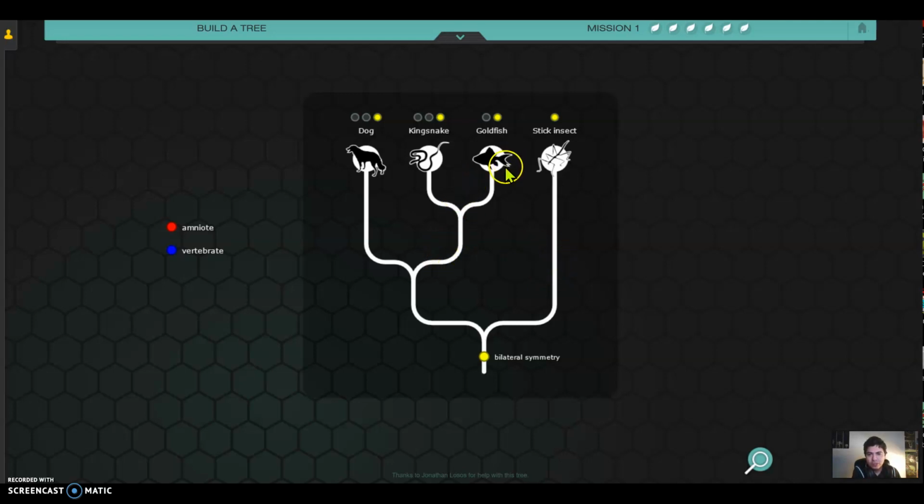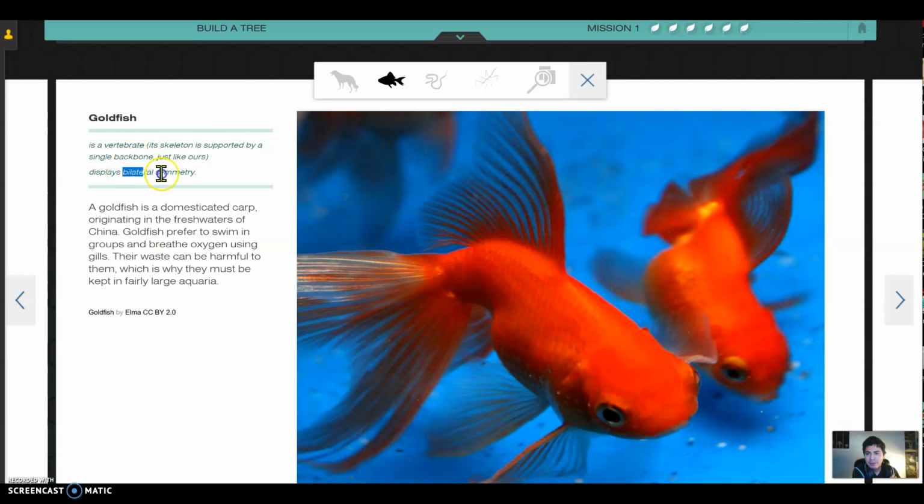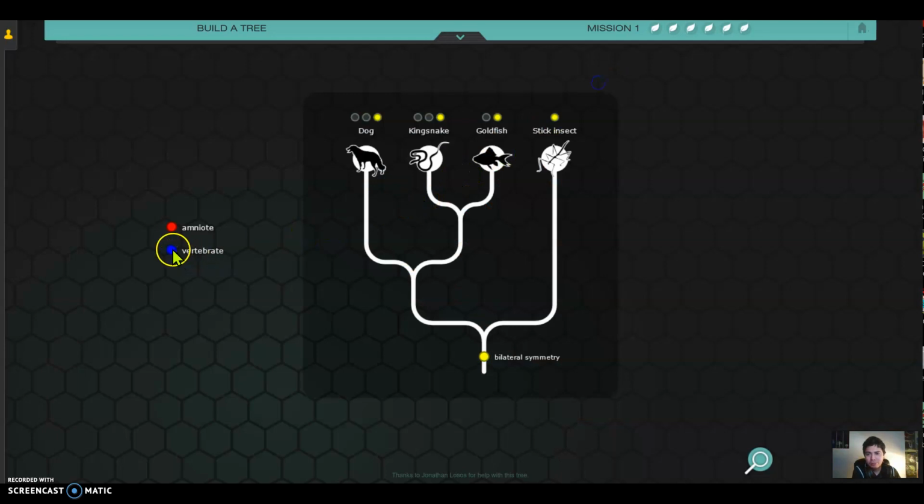Now, which characteristic is shared by fish, snake, and dog? You'll notice the fish is missing one common characteristic, and we're going to take a look at that. Bilateral symmetry here. Well, the fish is also a vertebrate, so in this case we're going to put vertebrae here. They all said, hey, yes, I share.